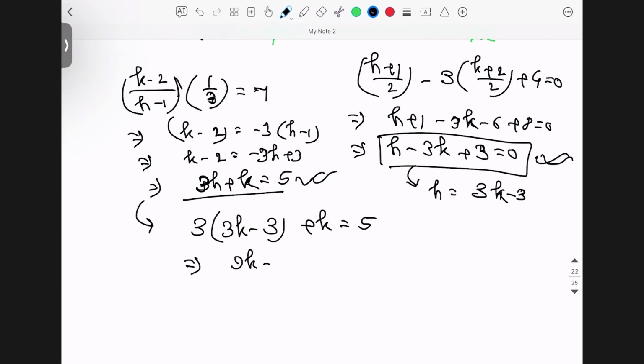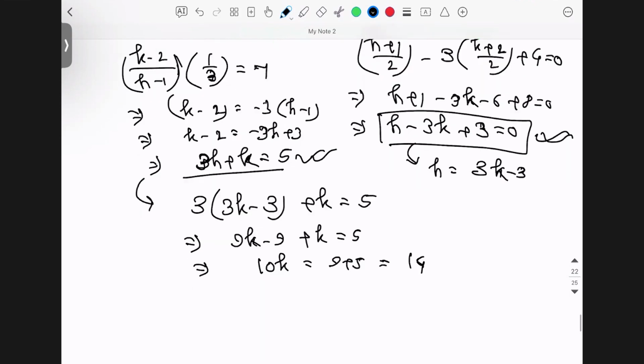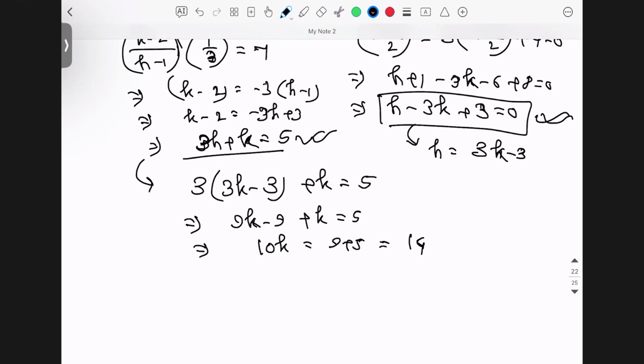This implies 9k minus 9 plus k equals 5, so 10k equals 9 plus 5, which equals 14. It implies k equals 14 by 10, which is nothing but 7 by 5. So k equals 7 by 5.